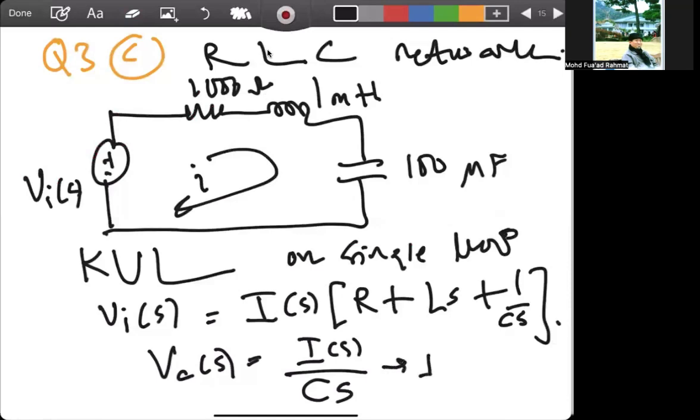So this one we can change. It becomes, okay.